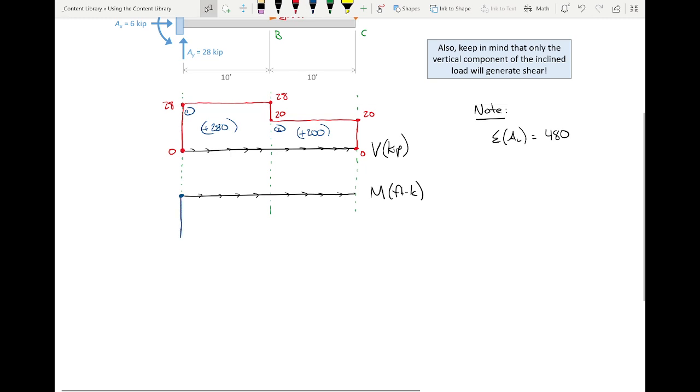So negative 480. And then this jumps up to negative 200, and then that goes to 0.